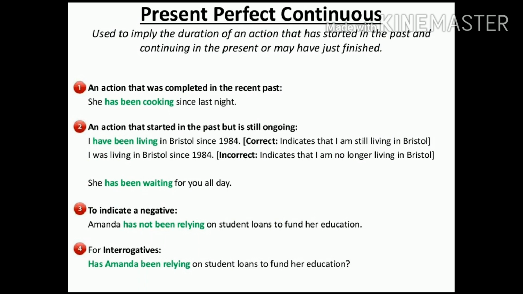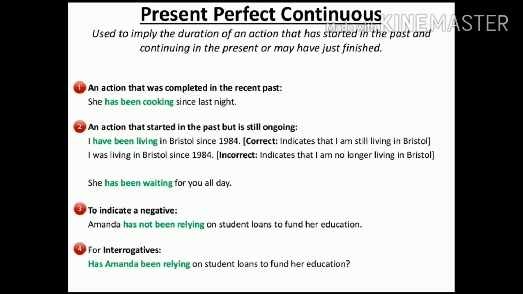Like, I have been living in Bristol since 1984. So we can indicate both ways. We can also indicate the same by saying present perfect. I have lived in Bristol since 1984. Or you can use present perfect continuous and say I have been living in Bristol since 1984.